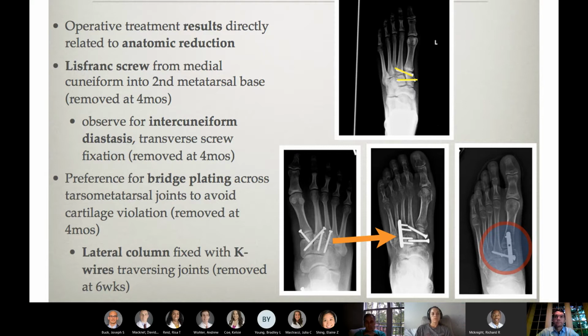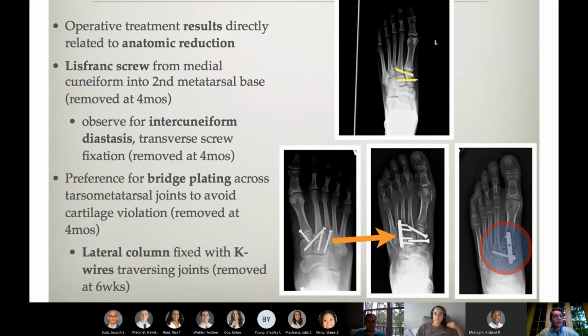So young kid, not destroyed Lisfranc complex, I'll probably bridge plate and put screws in. Older individual, then I'd definitely fuse him. Yeah, for sure. And anything high energy where there's good bone stock and there aren't comminuted metatarsal base fractures, we're fusing too. Yeah.